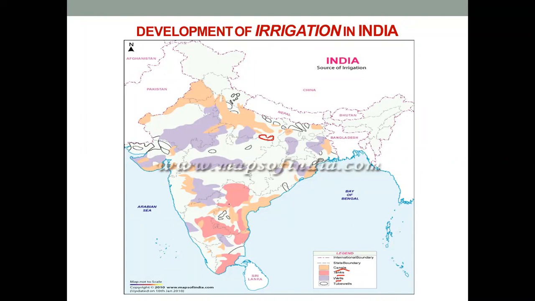okay. And if you see the canal system irrigation, that is in the faint orange color, you can see that its use is uniform throughout the country, but it is basically concentrated in the northern parts, okay.